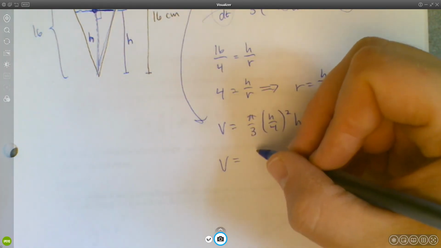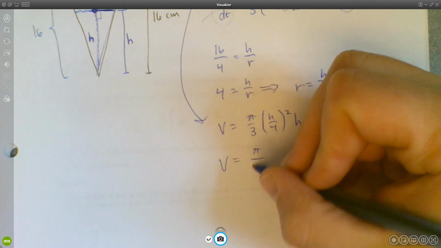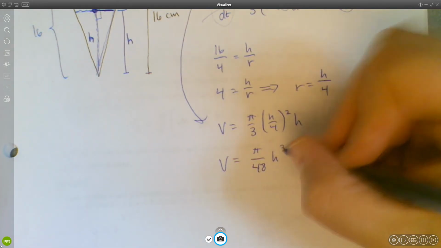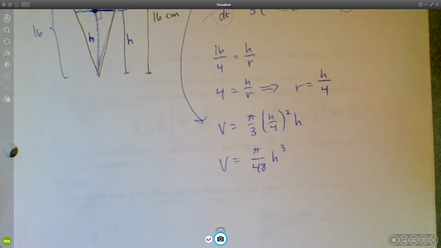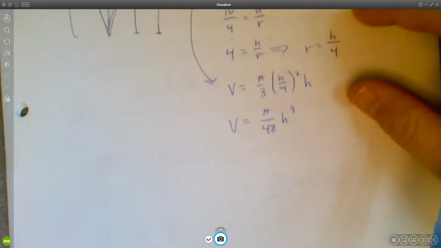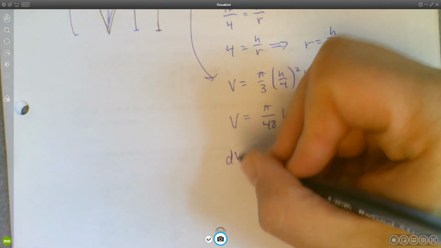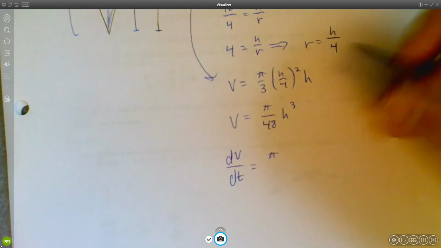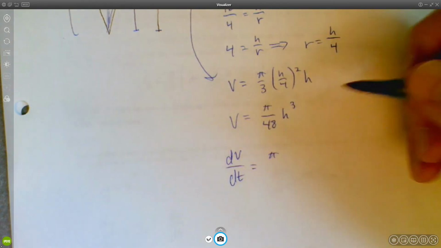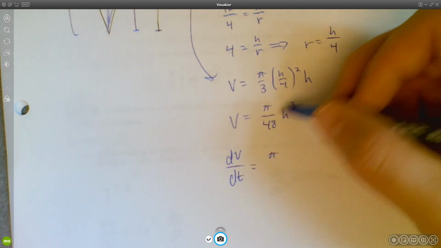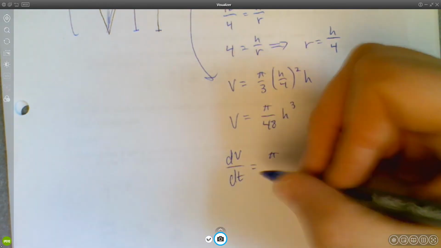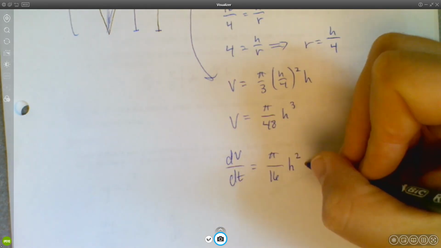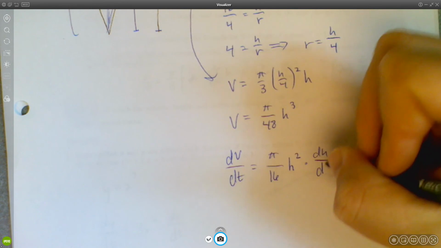So I have pi over 48 times h squared times h, which is h cubed. So that's much nicer. Now if I differentiate that with respect to t, I get dV/dt equals, well, actually it would be 3 times pi over 48. But 3 goes into 48 16 times. So it would be pi over 16 times h squared times dh/dt.